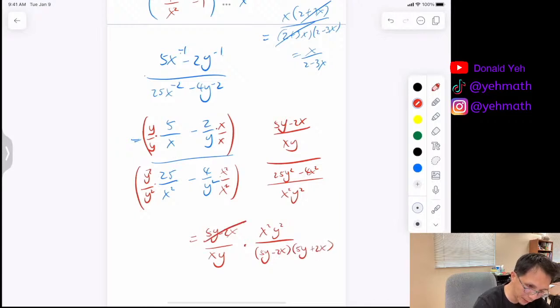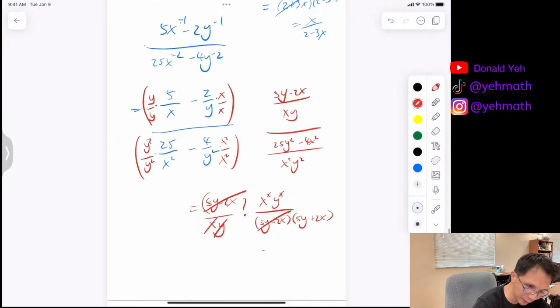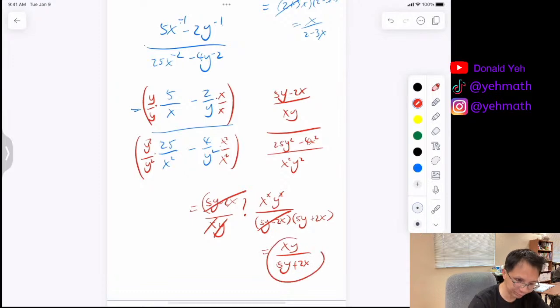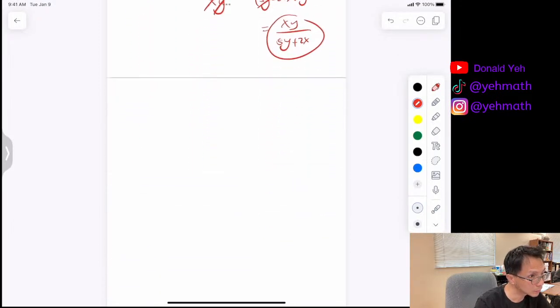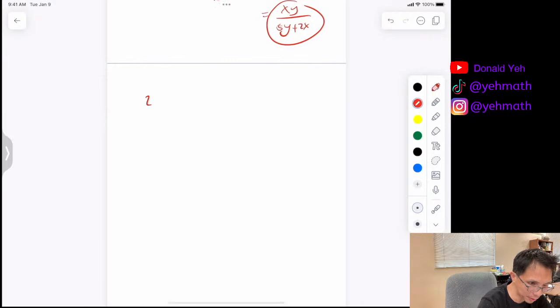And this will simplify here because that's a factor. This will simplify. This will simplify. So it'll be xy over 5y plus 2x. Good. Now this one's actually interesting.